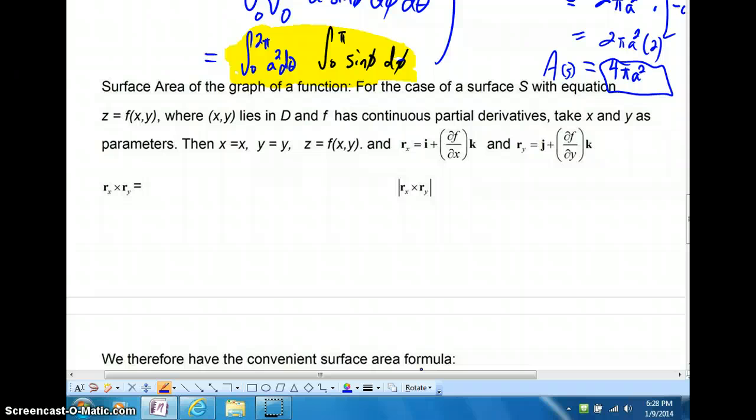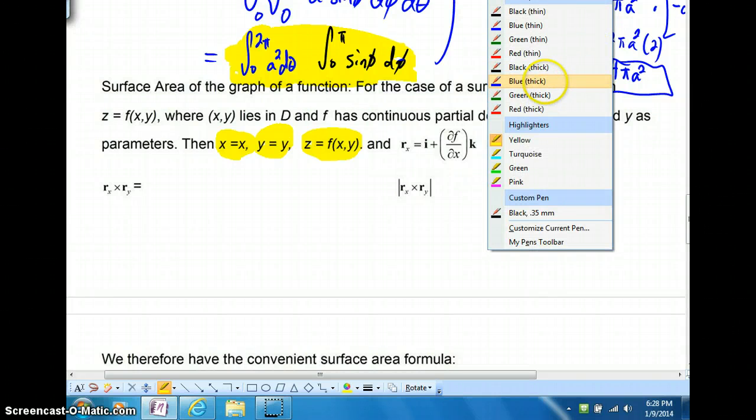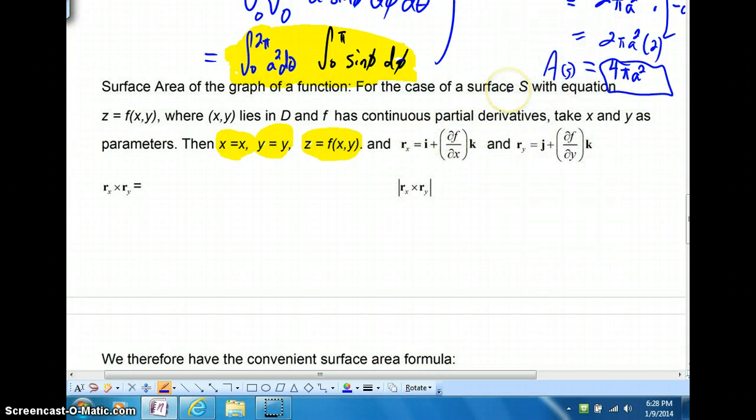Very often our equations might be in terms of x, y, and z. What we saw in the previous lesson is that a great parametrization, if you have an equation with x, y, and z, is the very simple form of letting x be a parameter, letting y be a parameter, and then letting z be a function of x and y, solving for z uniquely.